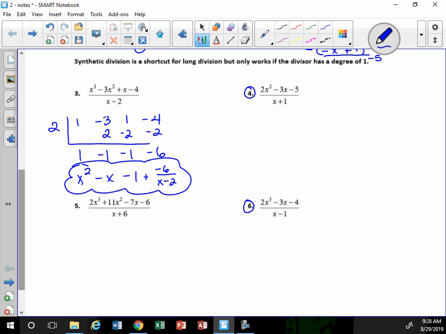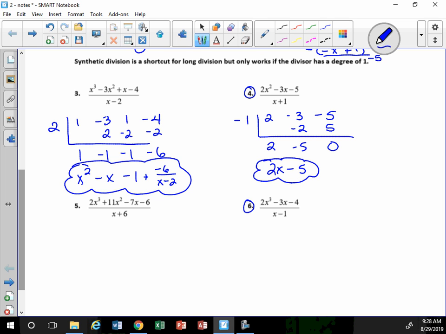All right, let's go through these. I'll keep going here. All right, so I got a -1 on the outside. No remainder. 2x minus 5 is my answer for number 4. Yes, walking around, it looked like we were doing pretty well with these.